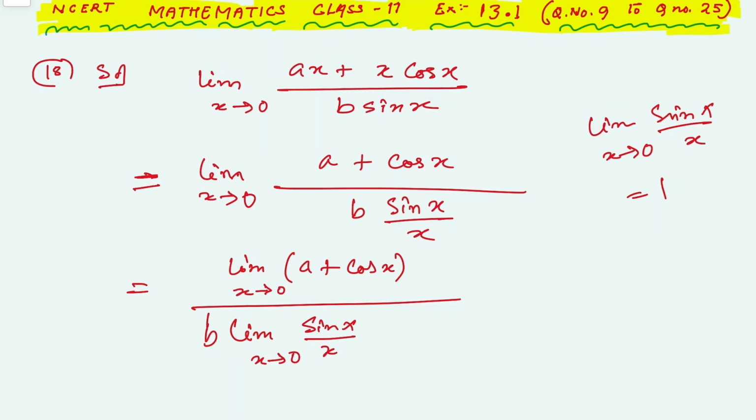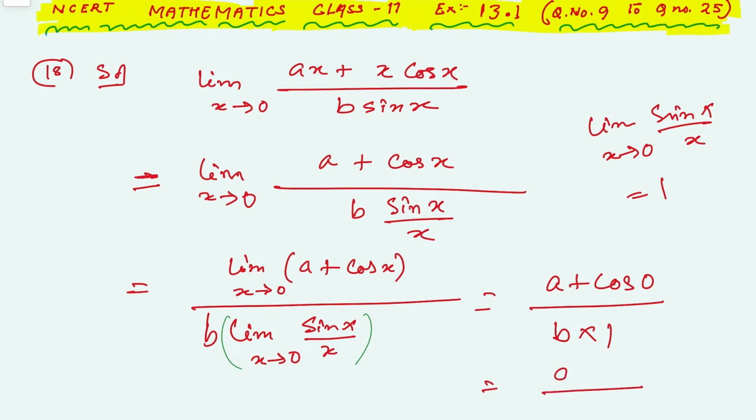Okay, so here you can put x is equal to 0, so here a plus cos 0, so here b into 1, so this is standard limit, this result is 1 always. Okay, so cos 0 is 1, a plus 1 by b, so this is our result. So that's how we can solve question number 18. Okay, hope you have understood this.